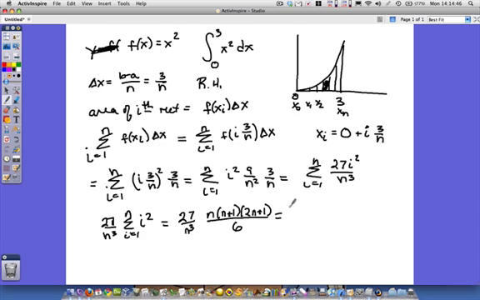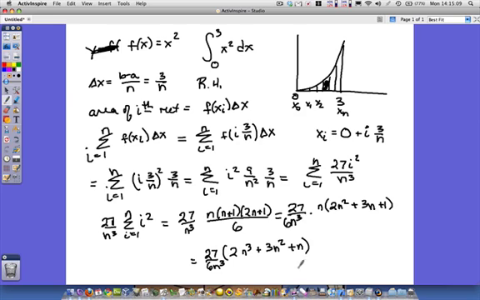Okay, now if I multiply all this out, 27 over n cubed, and put that 6 out in front, I get n times 2n squared plus 3n plus 1, which is equal to 27 over 6n cubed times 2n cubed plus 3n squared plus n.